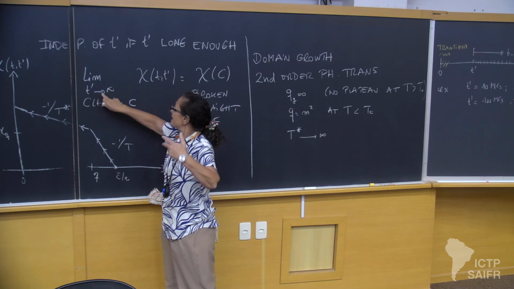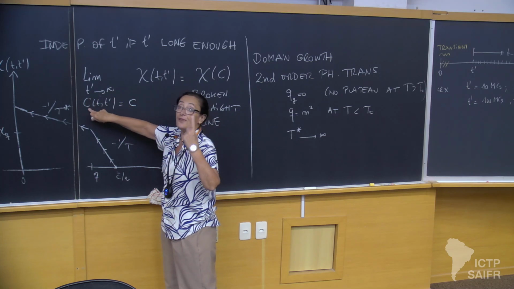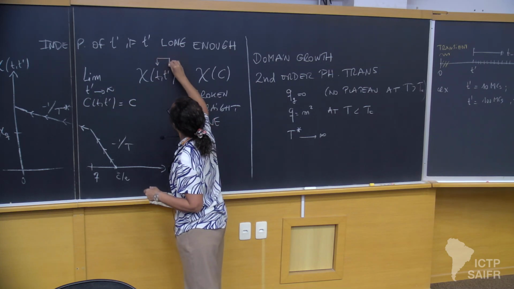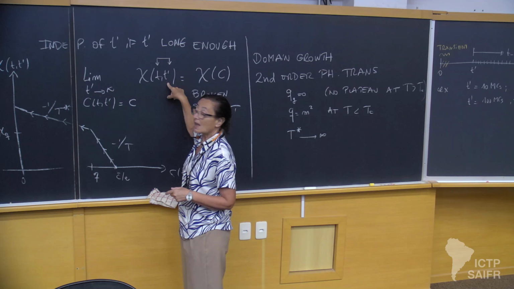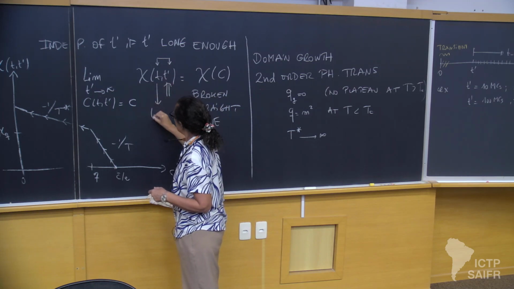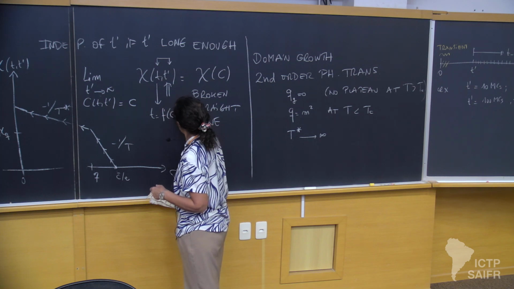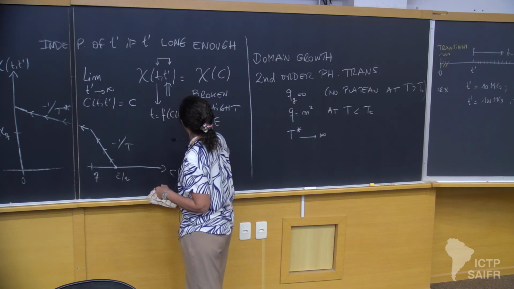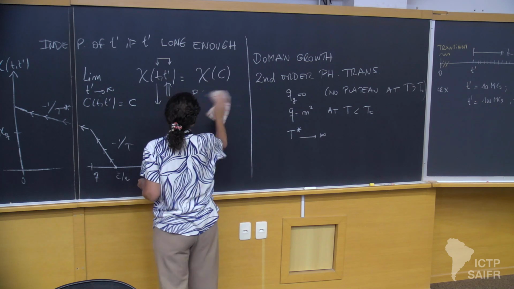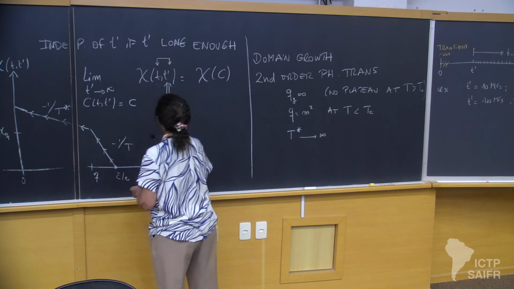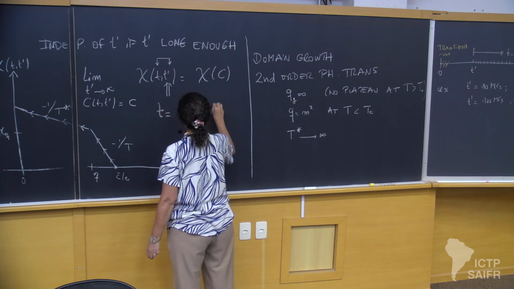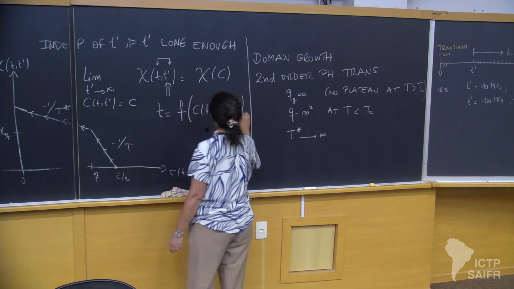If you take T prime very long, and you fix the value of C and T prime, because you see, this is a function of two variables, T and T prime. One is T prime, which I keep, and T I can write as a function of C, T, comma, T prime.